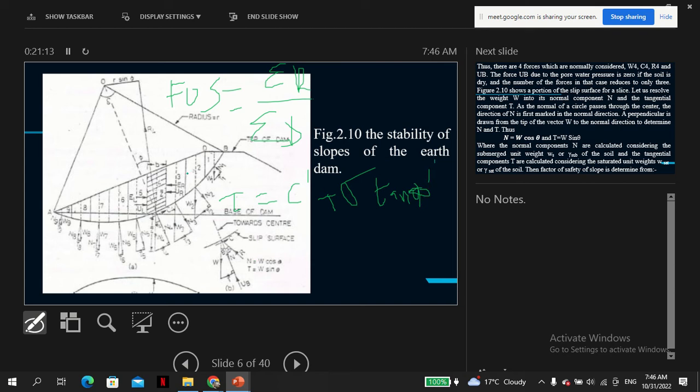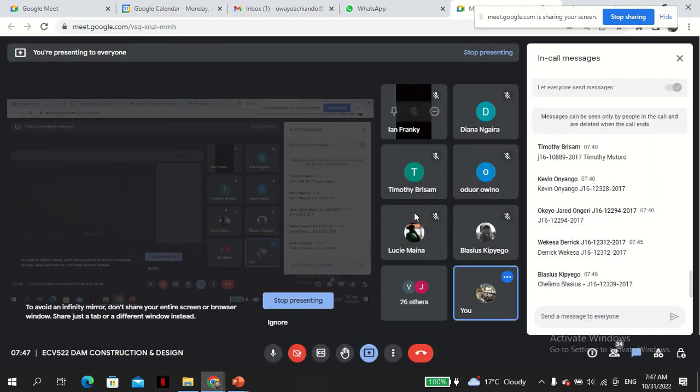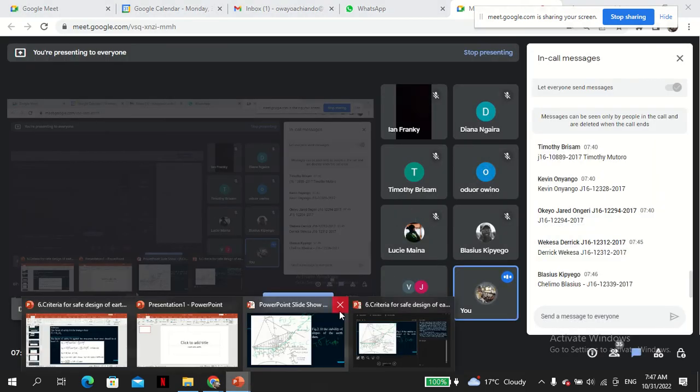Now the self weight is trying to pull this slope downwards. The shear strength is acting along the slip circle in the opposite direction. So those are the resisting forces. The driving forces are associated with the self weight of the slip slope.